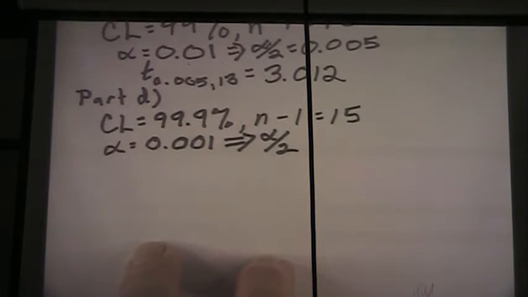That means that alpha is going to be equal to 0.001, and that implies that alpha divided by 2 equals 0.0005. We want T of 0.0005 with 15 degrees of freedom.